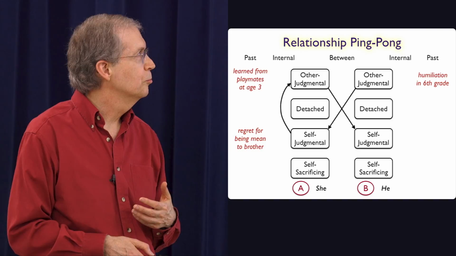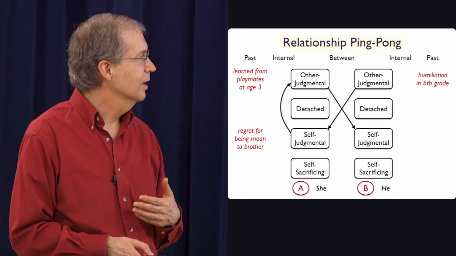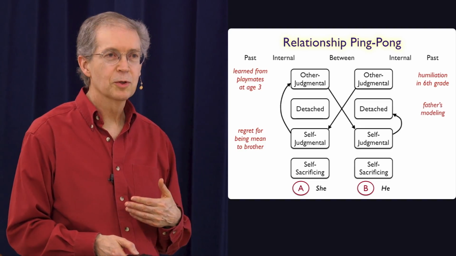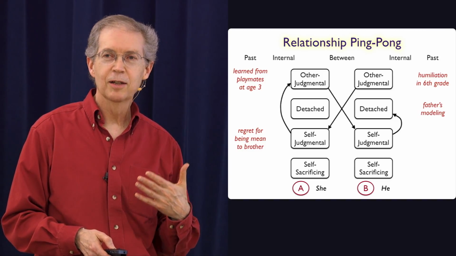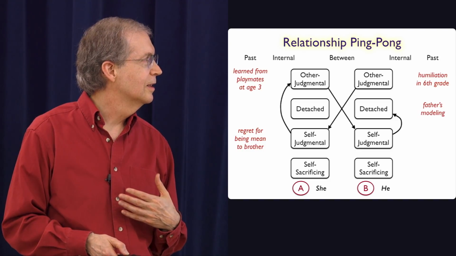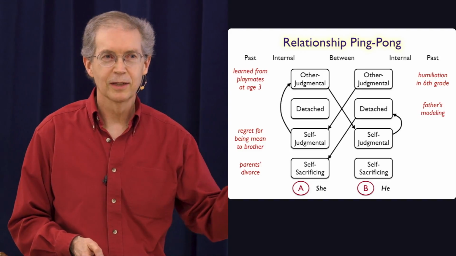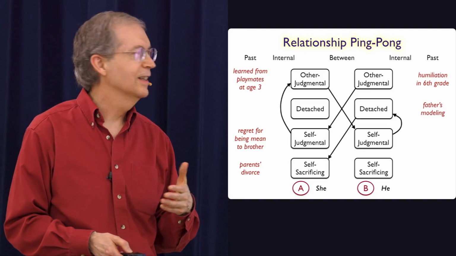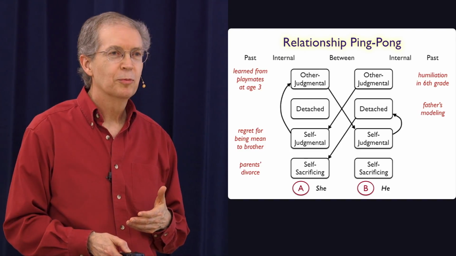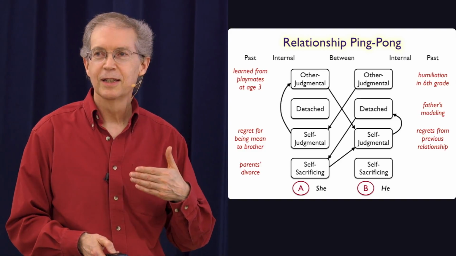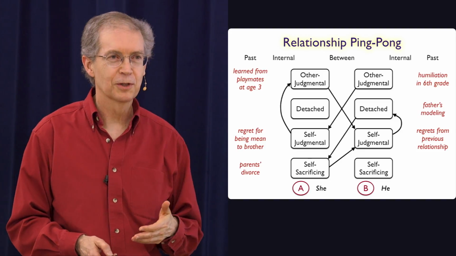So now B is feeling it in his self-judgmental subpersonality. And his response is to, through his defenses that tie into his past, act more detached. And that has the effect on A that she starts worrying that he's drifting away. And so her response to that is to move into her self-sacrificing subpersonality. But B feels guilty to see A starting to behave that way. So it winds up landing again in his self-judgmental.